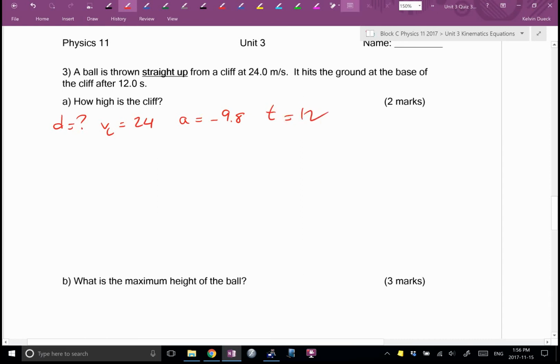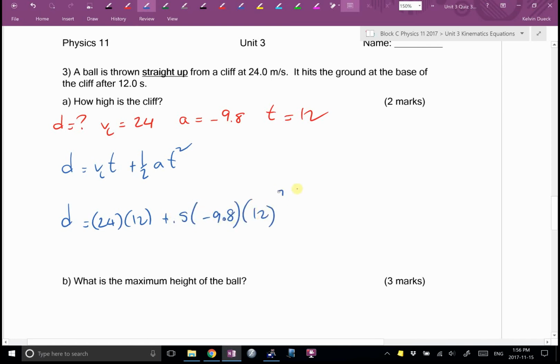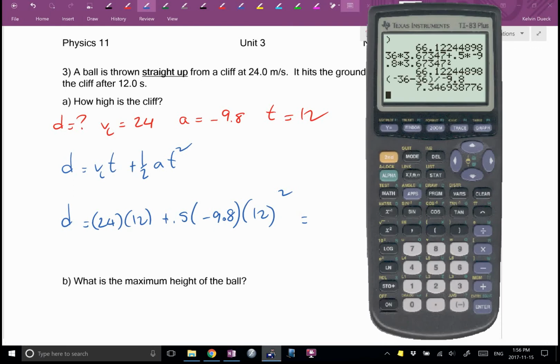This is really the same as number 1, except the V i t doesn't cancel. It's going to be V i t plus a half a t squared. It's going to be V i 24, t 12, plus a half negative 9.8, 12 squared. 24 times 12 plus 0.5 times negative 9.8 times 12 squared.